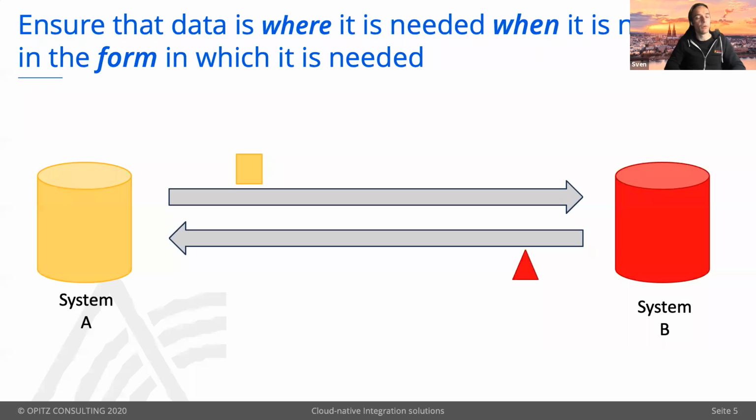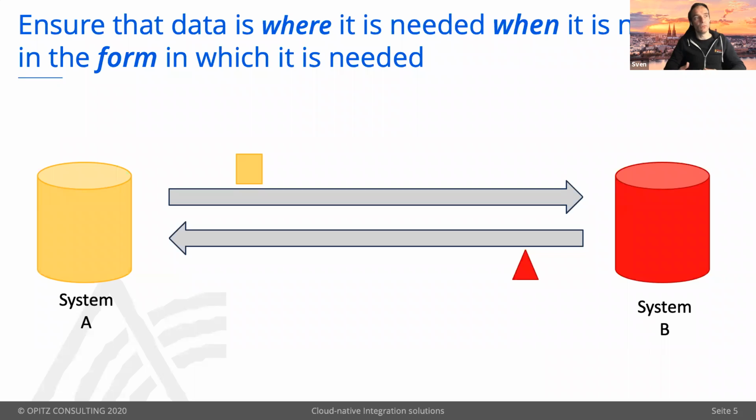As it is stated on the slide, we need to ensure that data is where it is needed, when it is needed, and in the form in which it is needed. This is slightly different from the simple definition I gave before, because maybe you have different consumers for the same set of data, and those consumers have different requirements with respect to the data.